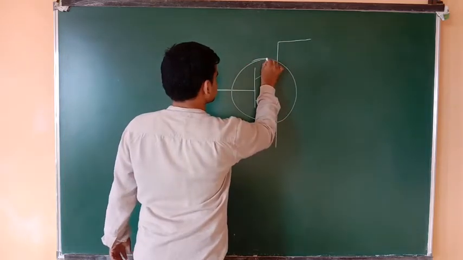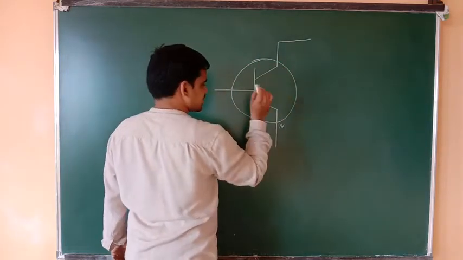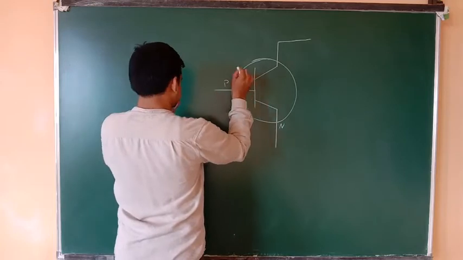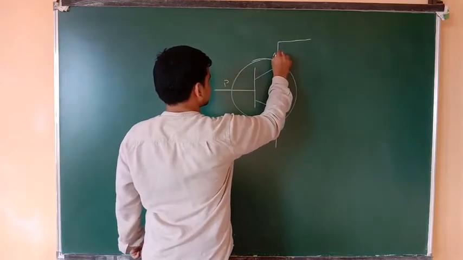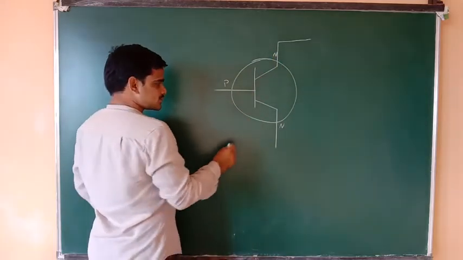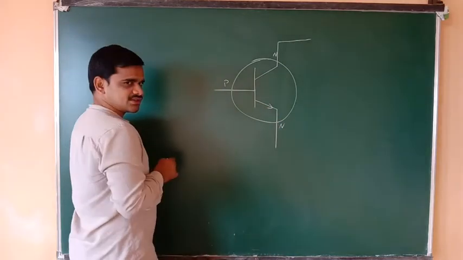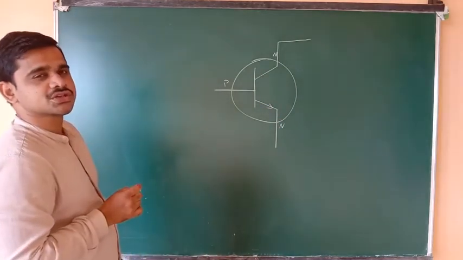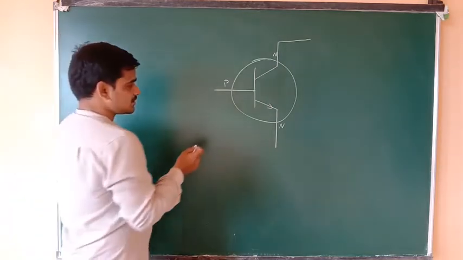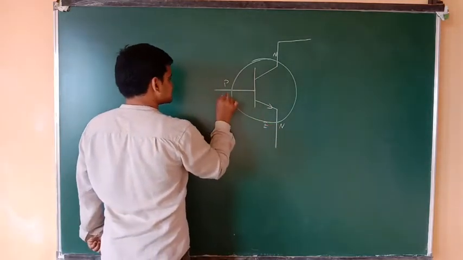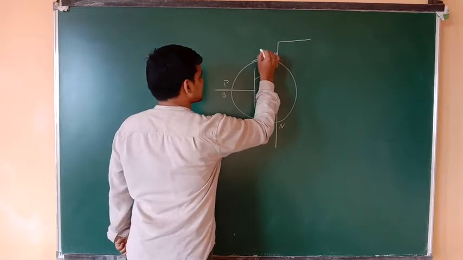This is N-type semiconductor, this is P-type semiconductor, and this is N-type semiconductor. So this is the emitter. NPN transistor means we'll have the arrow mark like this because the current, the positive charge, moves from base to emitter. So this is the emitter, this is the base and this is the collector.